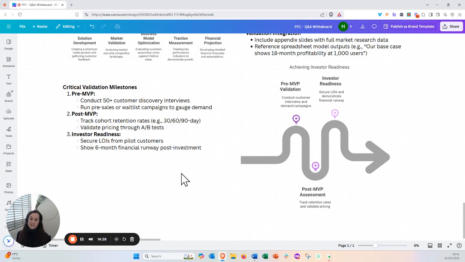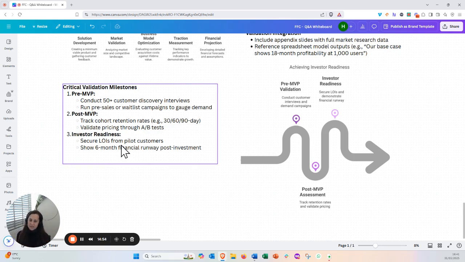And then investor readiness. You need to be thinking revenue and how you're going to get there. So this is where you might want to have some discussions with potential paying customers to say, yes, we have a letter of intent that if we hit this milestone, if we deliver this, they will then pay X for this.